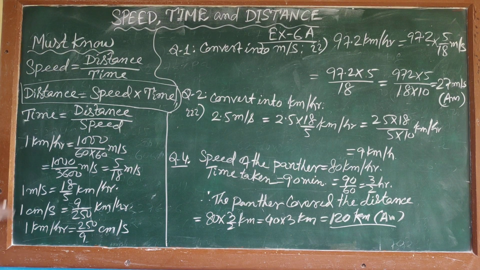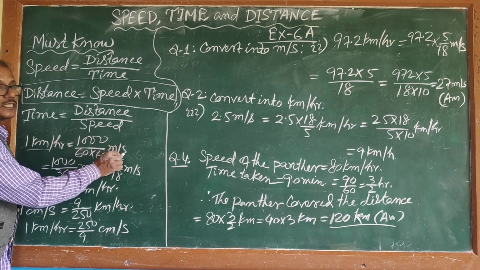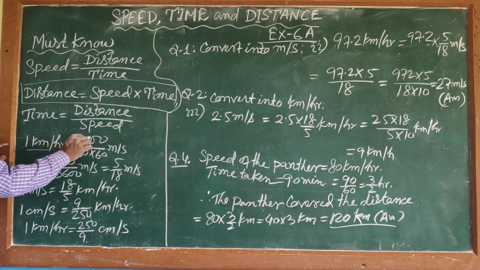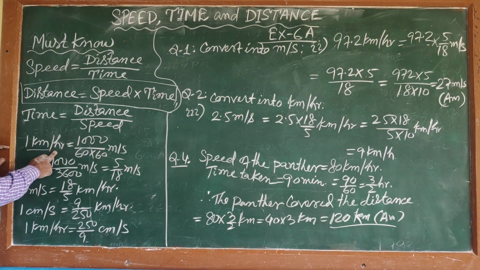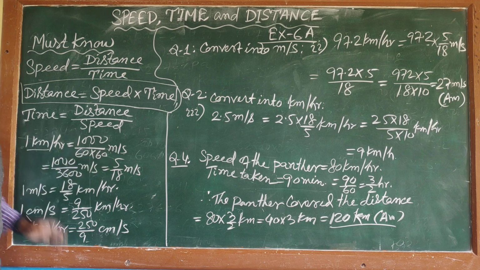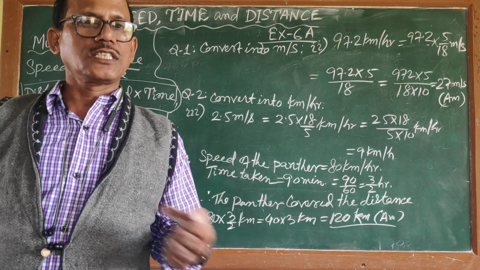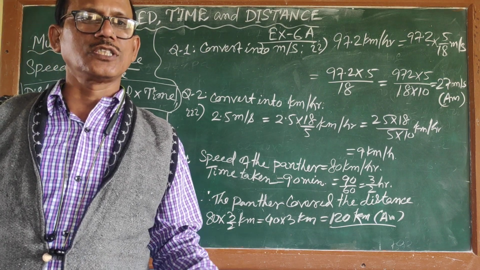Could you understand? Now, how will you do the conversion of the speed unit? Let us see. 1 kilometer per hour. You are converting to meter per second. 1 kilometer converted to meter and 1 hour converted to second. So 1 kilometer will be 1000, divided by, per means divided by, per hour means hour converted to second. 1 hour is equal to 60 minutes. 1 minute is equal to 60 seconds.